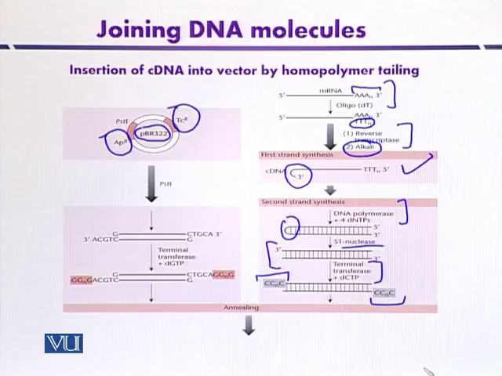At the same time, it has one restriction site for PstI, so it can be digested with PstI so that we can get 3' single-stranded overhangs that can be treated with terminal transferase, but only in the presence of a single type of nucleotide, which here is the guanine residues that are complementary with the cytosine of the cDNA.